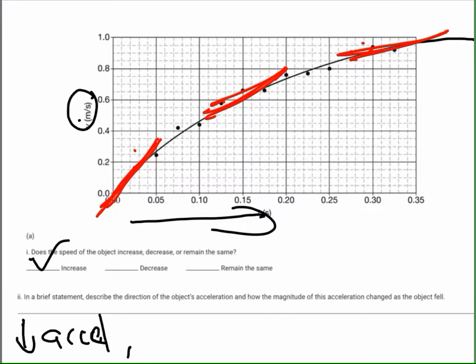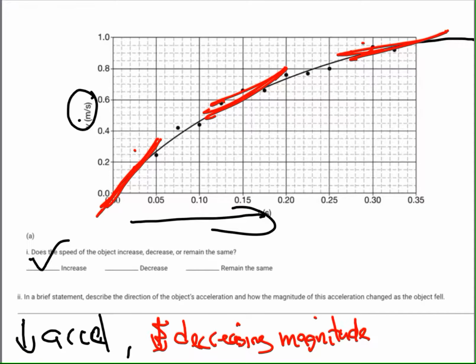So the magnitude of the acceleration is decreasing. And we already discussed that eventually it's going to get to some sort of a terminal velocity, at which point it would go to 0. So it's going down and down until eventually it gets to a point of 0.